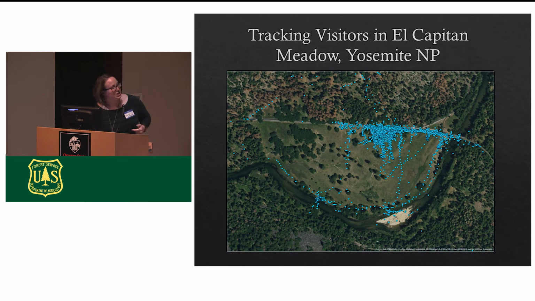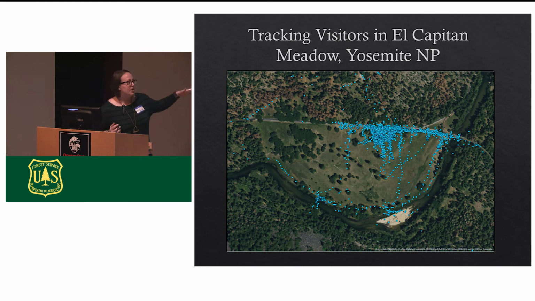It's a little hard to see, but this is a map of basic GPS tracking data from recreationists in Yosemite National Park. Most of my work to date has occurred in the Park Service, so you'll see a lot of national park examples, but the methods and ideas that I present can be applied to any public land where we have recreation use.